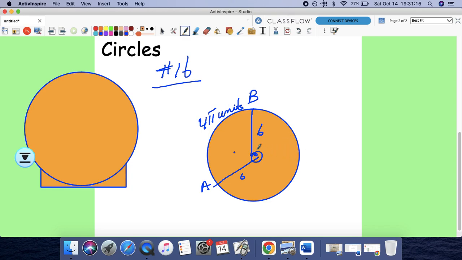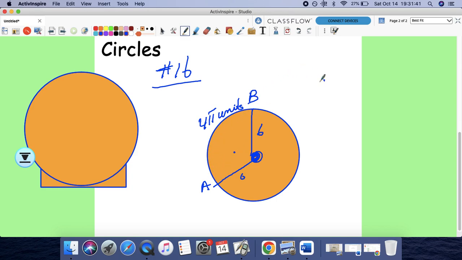Okay, so the radius is 6. So if I can find a way. So let's find, this is 4 pi units.